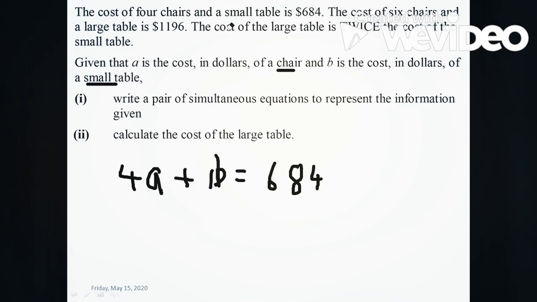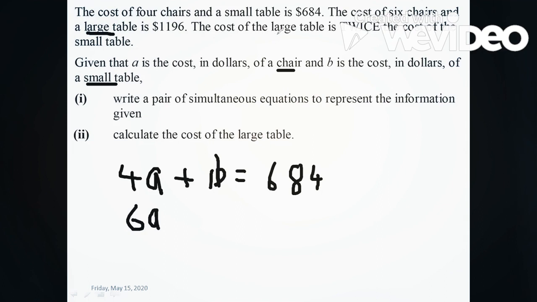Let's look at the next sentence. The cost of 6 chairs, so that's going to be 6a, on a large table. In the instructions they didn't say anything about a large table, but they give us another statement here.